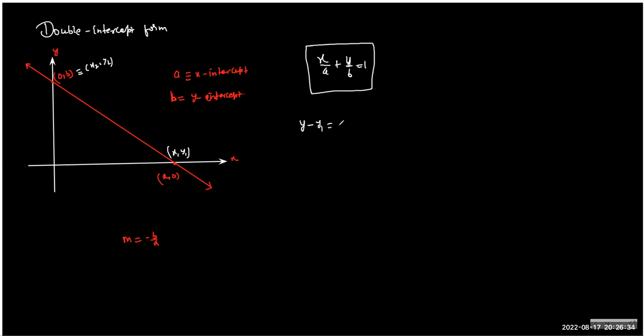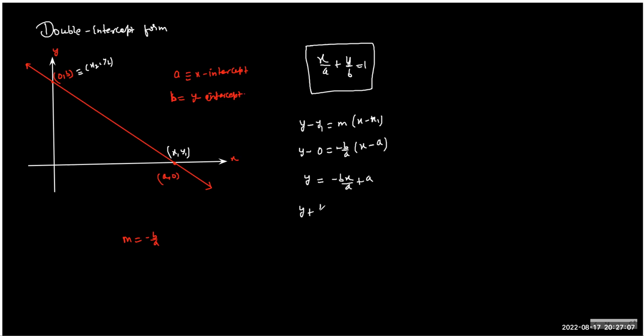Okay, fine. First I found the slope, minus b by a, and then substituted into it. Very good, you can go ahead. Substituted m. What is y1 here? 0. What is m here? Minus b by a. What is x1? So y equals minus bx upon a plus b.